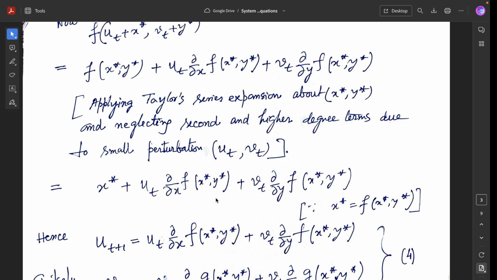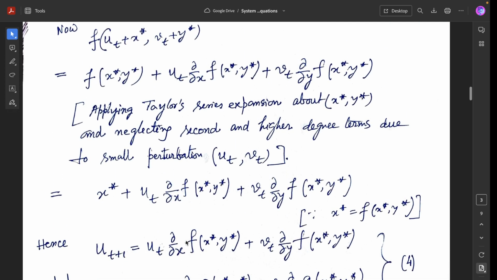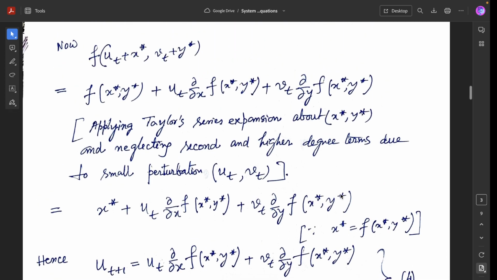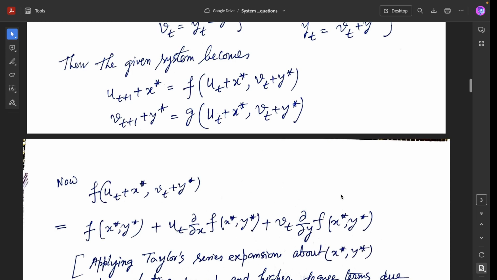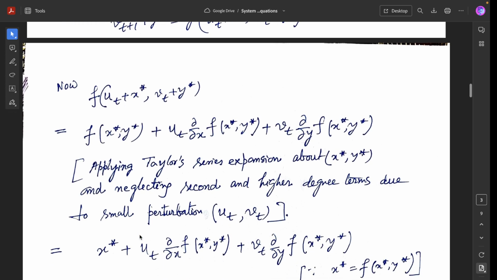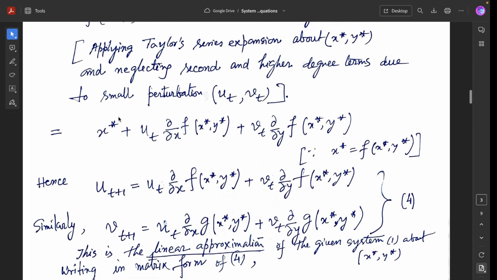Hence obviously this equals u_{t+1} + x*. So cancel x* from both sides and we get u_{t+1} equal to this.